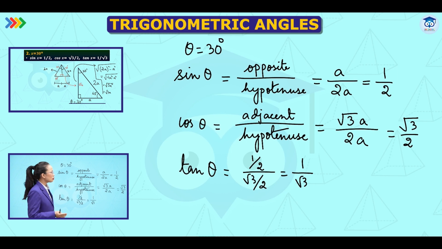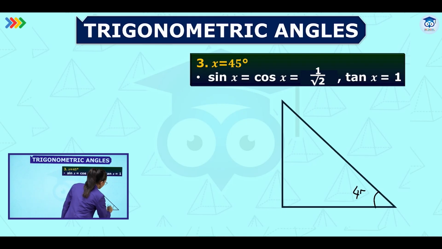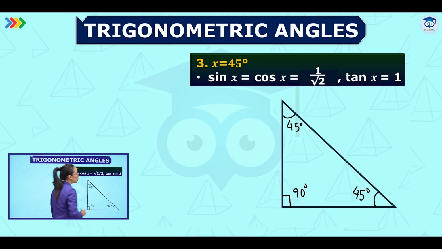Next we have for 45. Suppose this is 45, then we have this is 90, then this has to be 45, because the triangle sum property says that the addition of all the angles in any triangle should be 180.